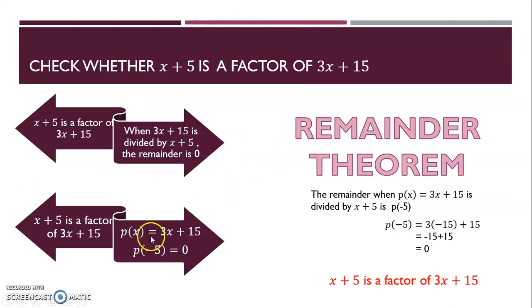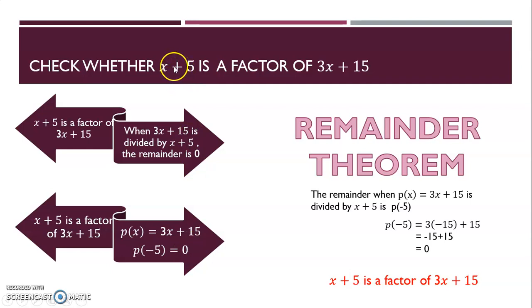So what we have done here is written it in the form of a theorem. This is our x minus a, and this is our p of x. If x minus a is a factor of p of x, what should be true? p of a must be equal to 0.